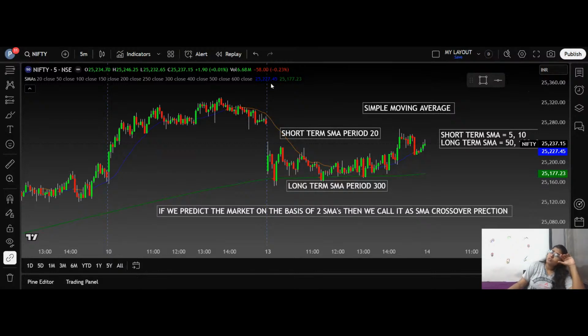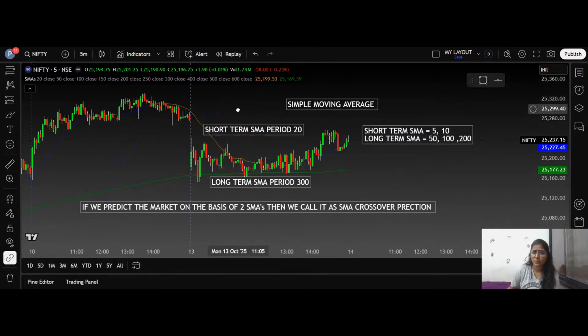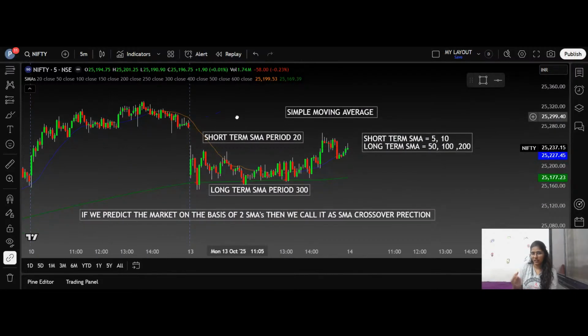So we have two SMAs, one is a short term SMA and another one is a long term SMA. So what are we going to predict out of these two SMAs? It is so simple. I'm just going to repeat one more time what we read all this time. We have two simple moving averages, two SMA lines. One is short term, meaning short periods like 5, 10, 20, and another one is long term SMA, like 50, 100, 200, 300.